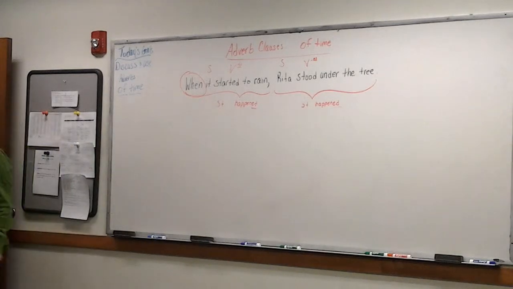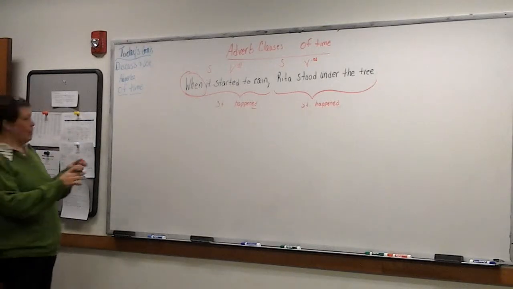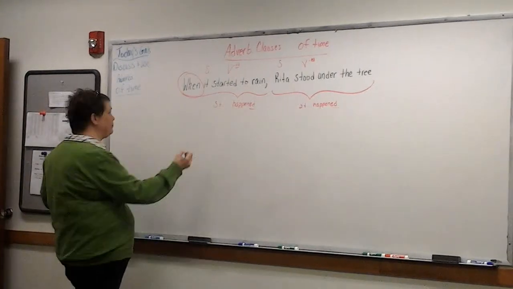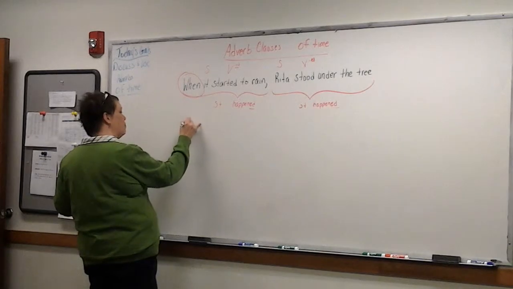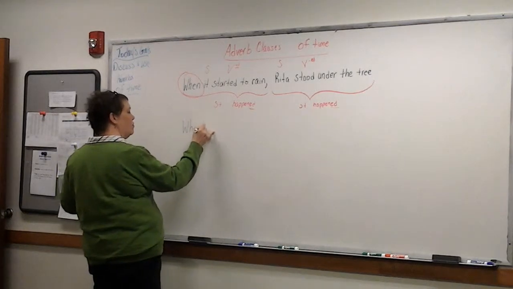Let's say this sentence here. I'm going to go la la la la la, and whenever I start to sing la la la la la, I want you guys to clap. So let's write this down.